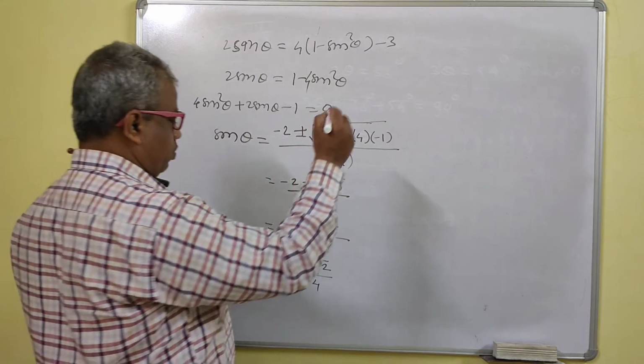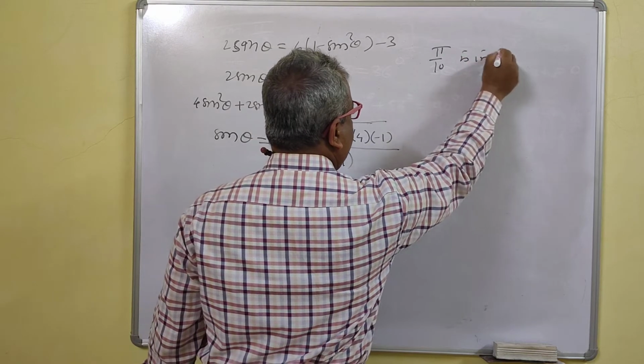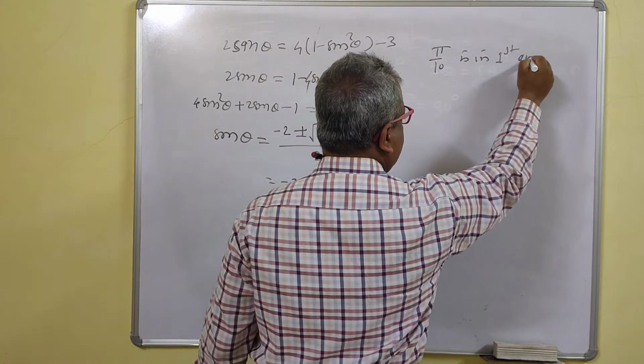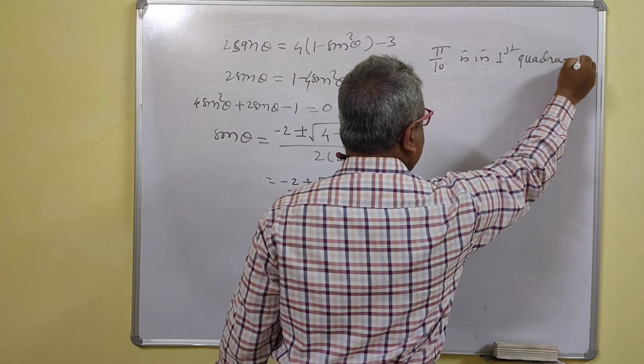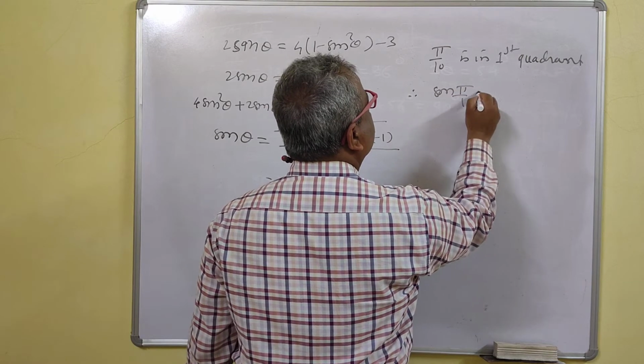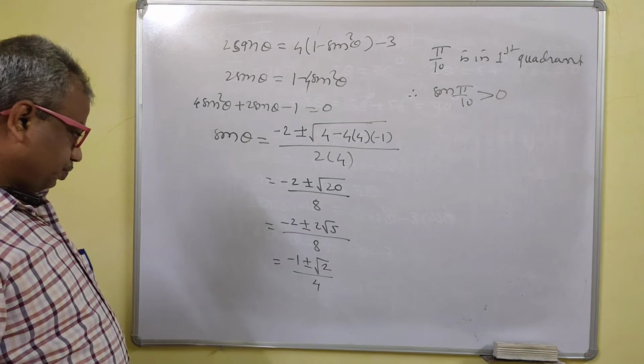So pi by 10 is in the first quadrant, therefore sin pi by 10 is greater than 0, right?